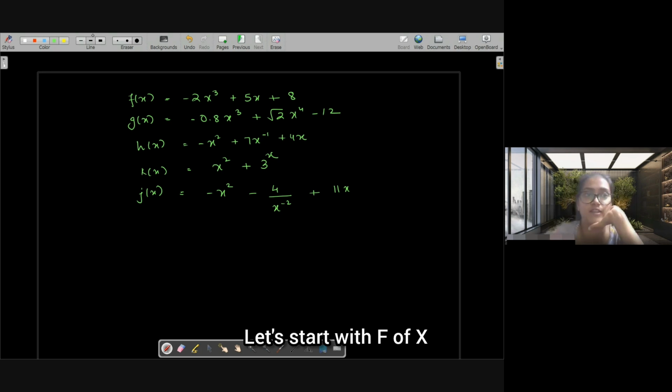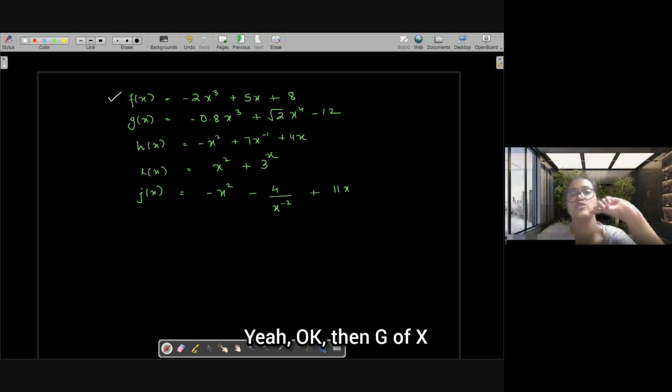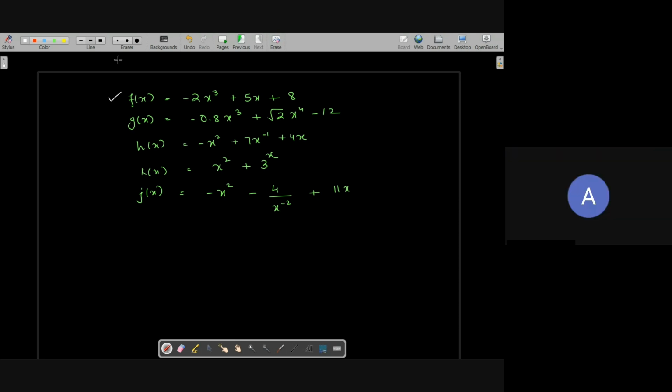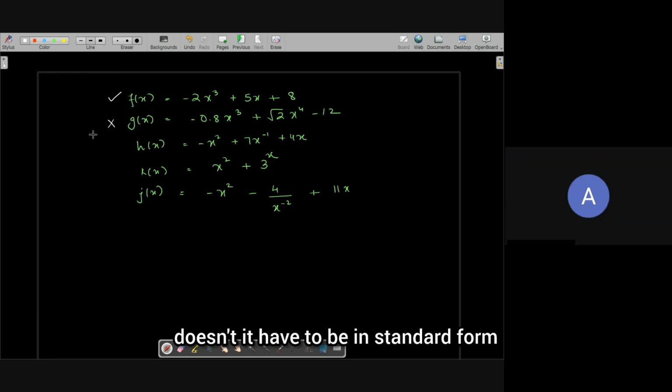Let's start with f of x. No, that's a polynomial. Okay. Then g of x. No? Well, doesn't it have to be in standard form?